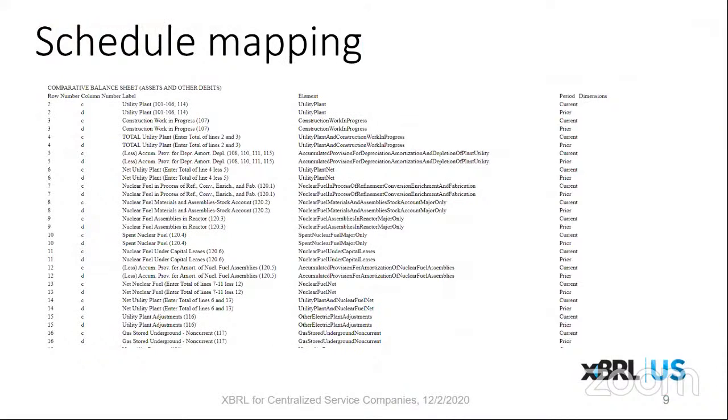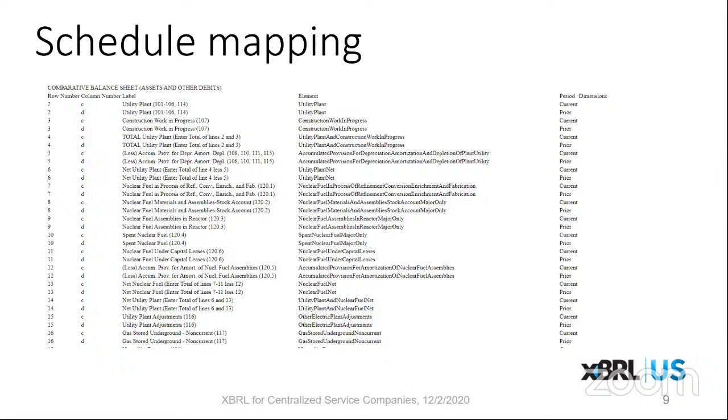Just talking about the references, this is a mapping, and we're going to make a mapping available for the Form 60. It's not up on our website yet, but this is an example for the Form 1. For every schedule, we'll print out this lookup table, so you can look up the row and column number and see what the element was. It says, if I've got a value in row 4, column D, then I should use the element utility plant and construction work in progress, and I should use the current reporting period to report that.